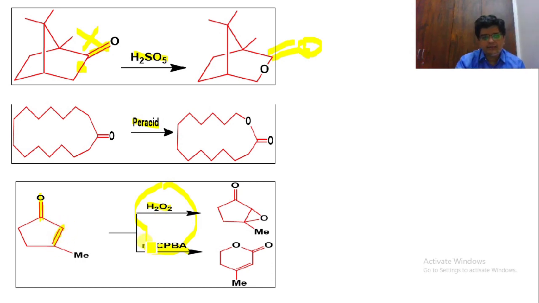Now when we are reacting with this H2O2 molecule, it is a soft reagent, so it will attack toward the soft side. Now MCPBA is a hard reagent, it will attack toward the hard side.